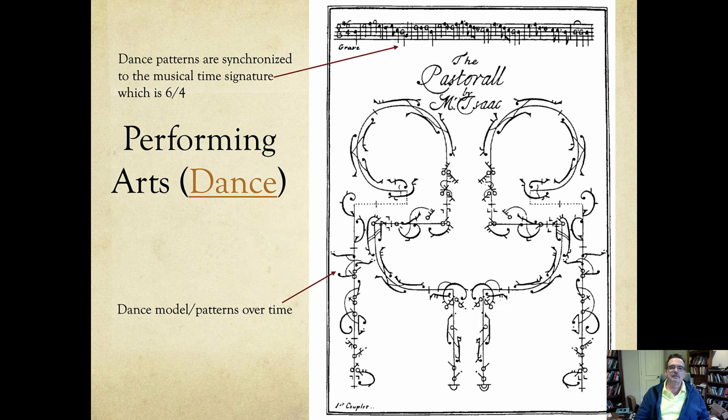But what's also interesting is if you look above at the very top, you find a musical score with measures. Measures being the components that you can tie together to make music. And it even has a time signature. Now, the reason why this is important is because typically in a performing art like dance, and this still may well be true today, you need some kind of time synchronization.